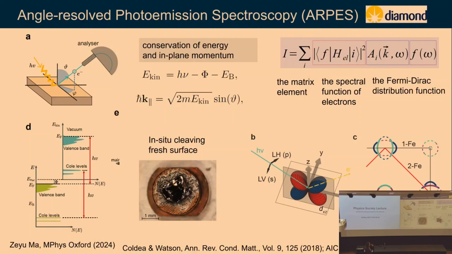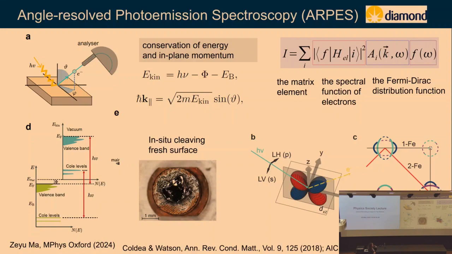Here, this is the diagram of the whole process, how it happens. So in an ARPES experiment, one will measure only occupied states. Often you have to know the work function of the material, and then you can determine how the binding energy versus momentum looks like for the sample that you measure. The intensity that you extract in this type of experiment will depend on various factors.